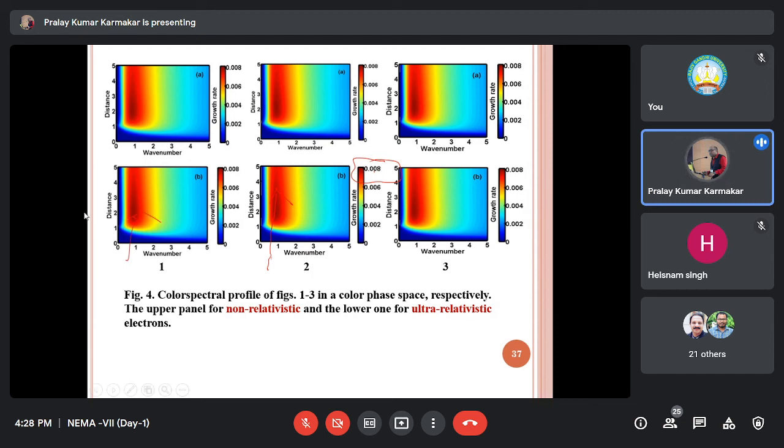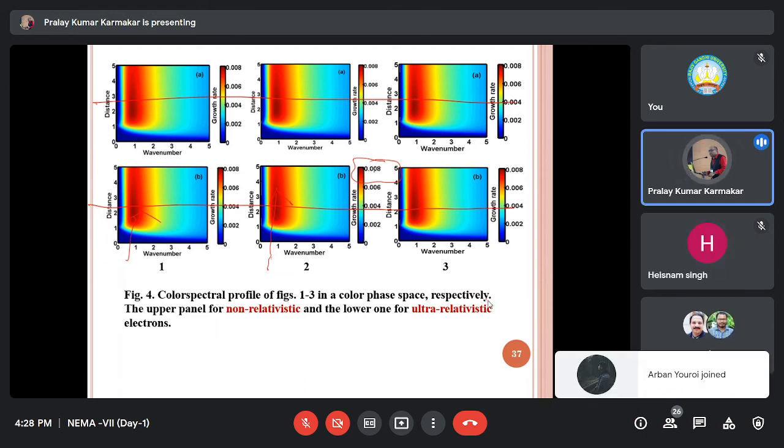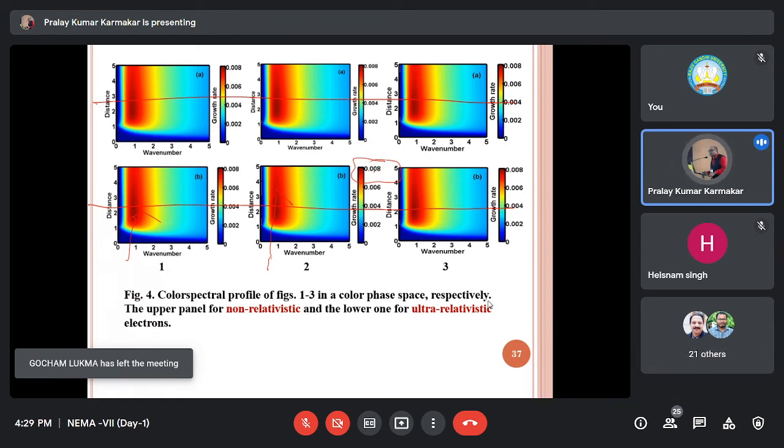And these two panels, one is the upper panel and another is the lower panel, relate to the non-relativistic regime and ultra-relativistic regime of the electronic dynamics under consideration. So we are sure that the numerical analysis carried out so far is exactly correct.